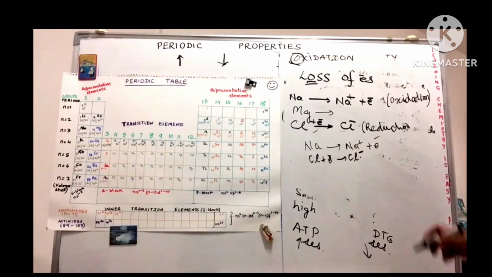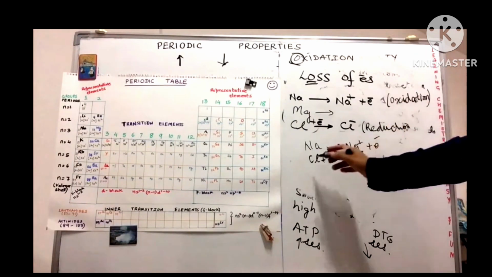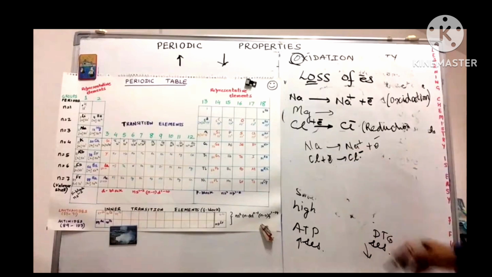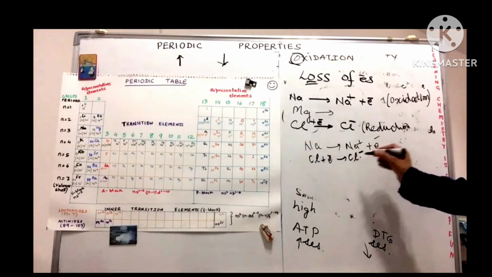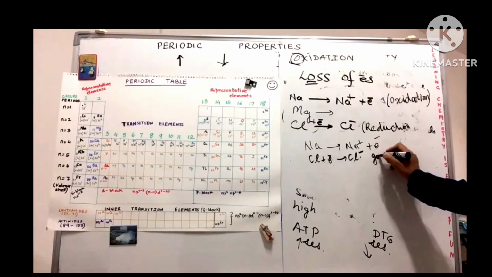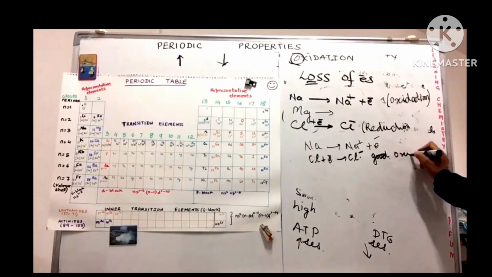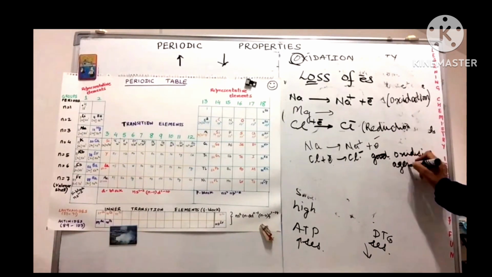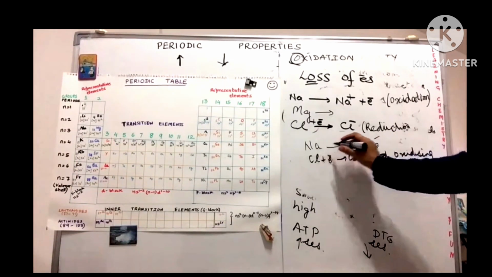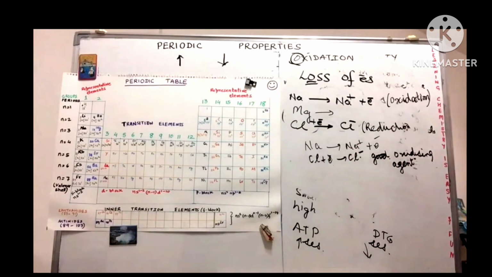Now coming to what I want to tell you over here. Chlorine has a tendency to gain electrons, which means it itself is getting reduced. It is a good oxidizing agent, right? Because it is helping the other atom to lose electrons, correct?